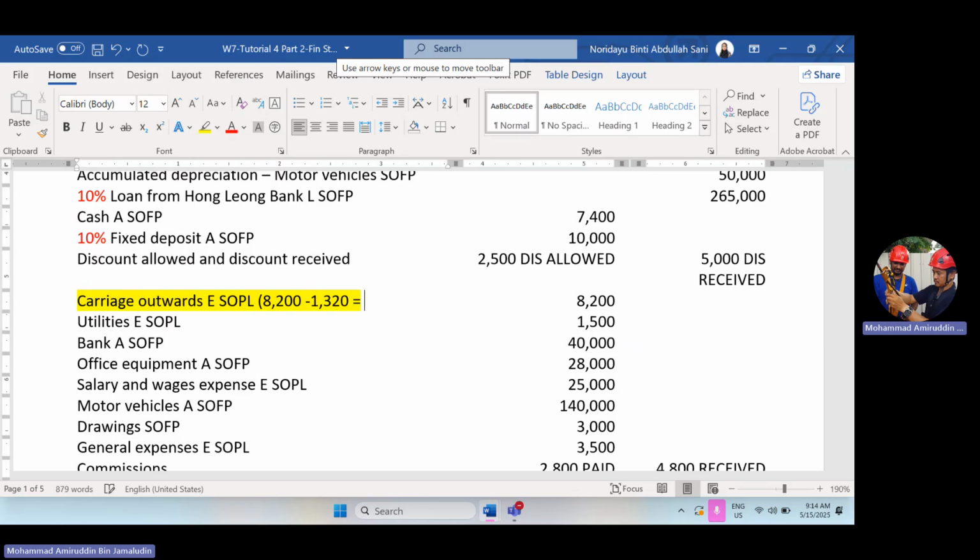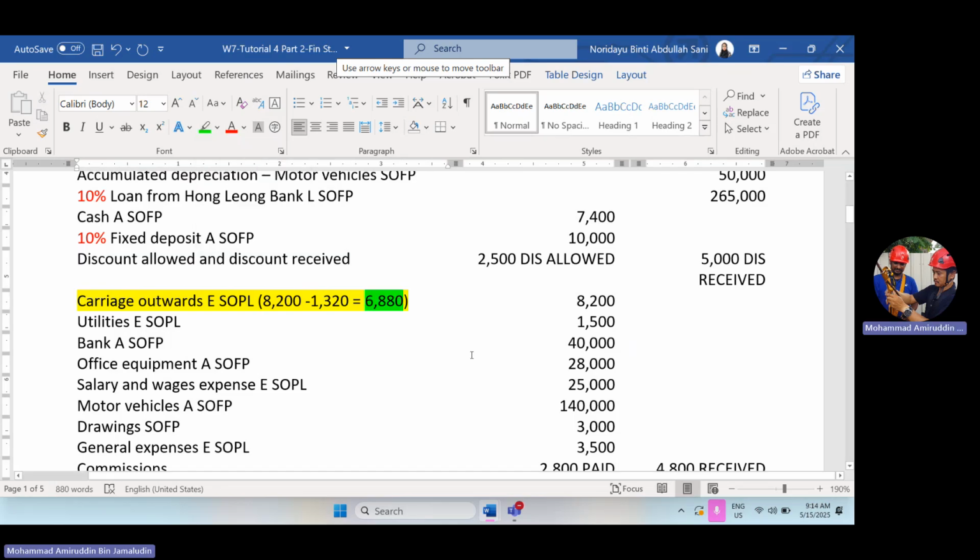Included in the carriage outwards is the carriage inwards amounting to 1320. So actually, how much is your carriage outwards? You have to adjust that. Take out your calculator, help me to cast. 6880. So that is my carriage outwards, not the 8,200 provided in the question trial balance.